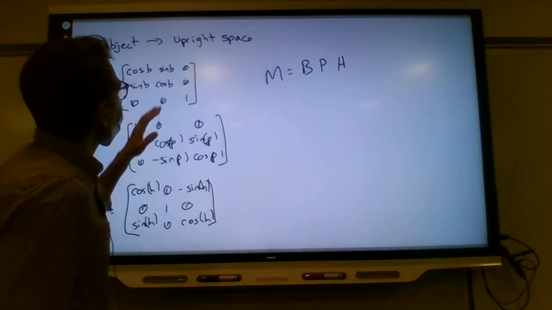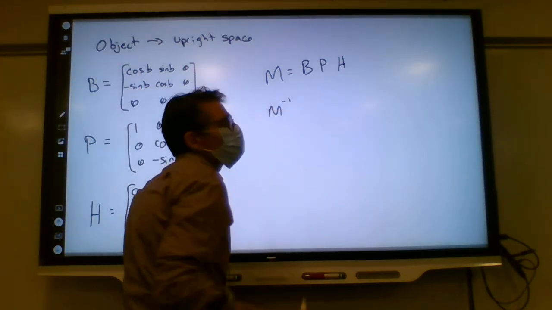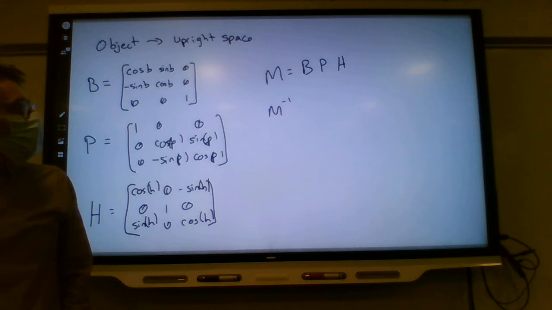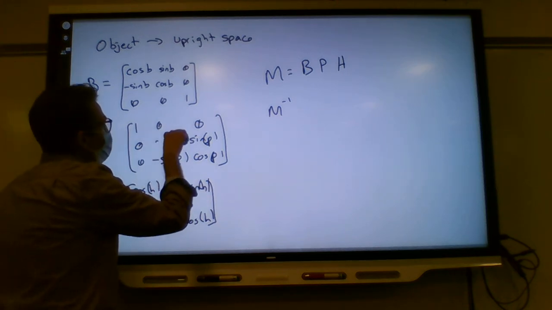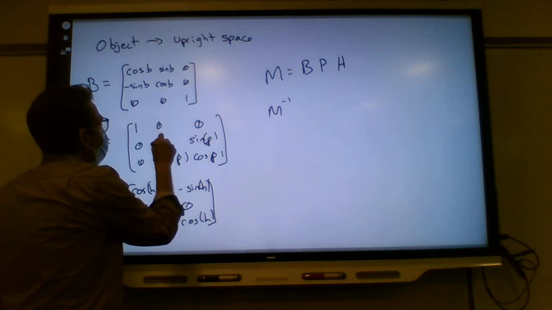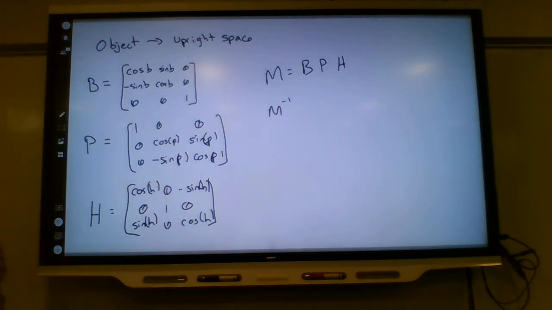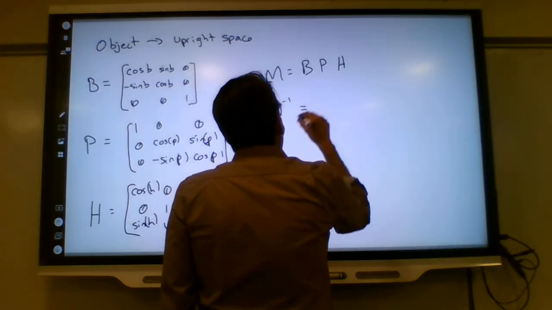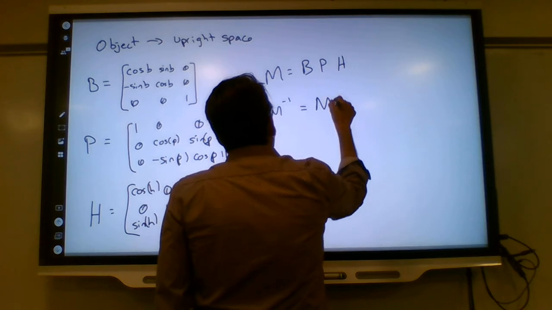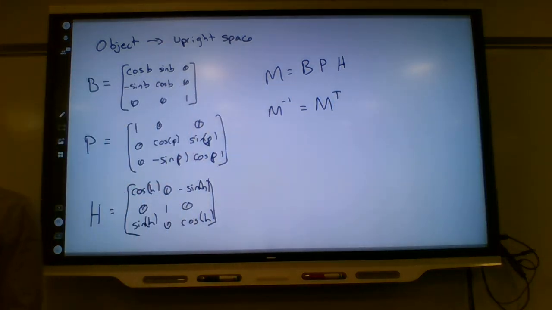If we wanted to do that in the opposite order, we need to use M inverse. But what's the nice thing about these matrices? These matrices are rotation matrices. And if you remember, we showed that it works for 2 dimensions before, but it works in any rotation matrix. For a rotation matrix, the inverse is the transpose of the matrix.